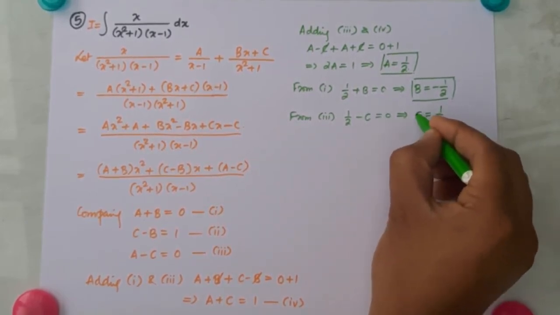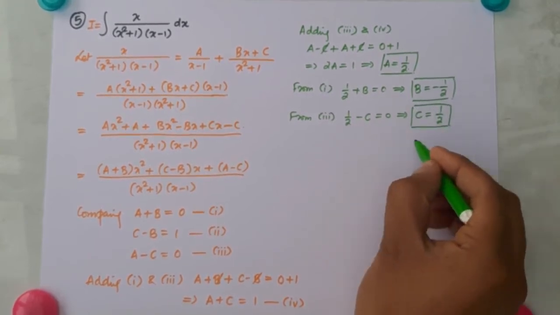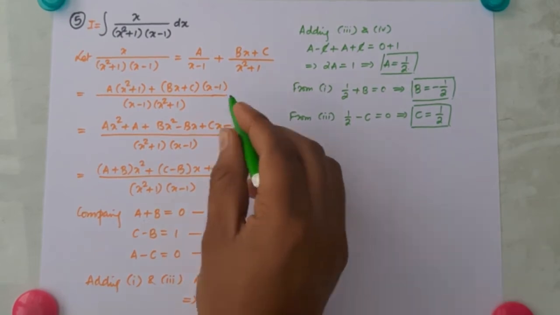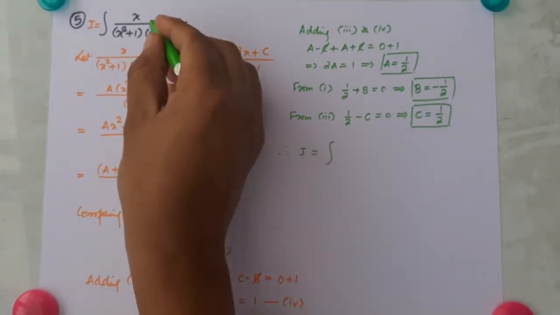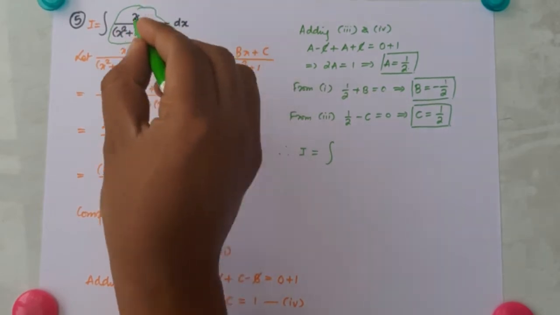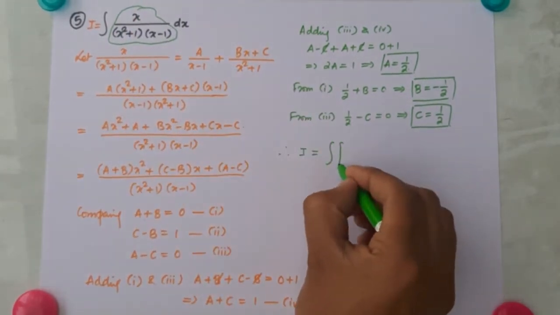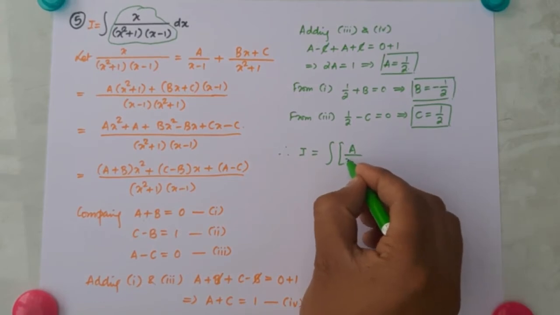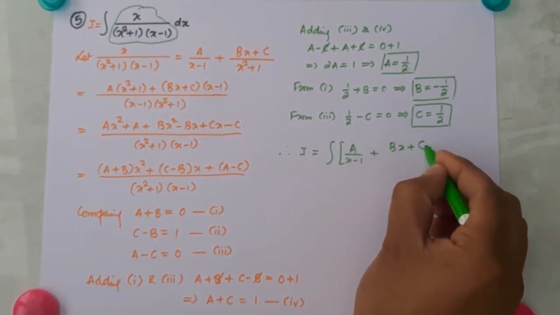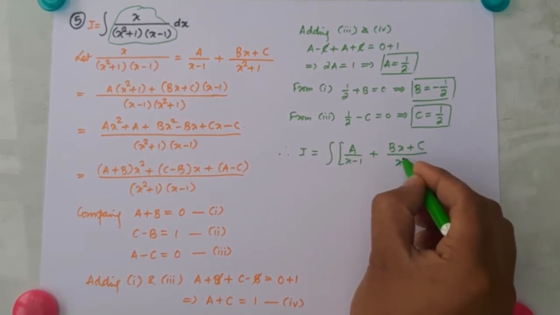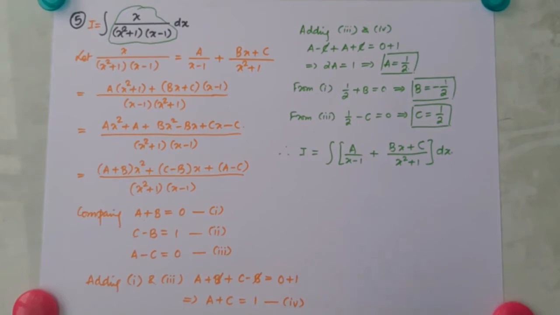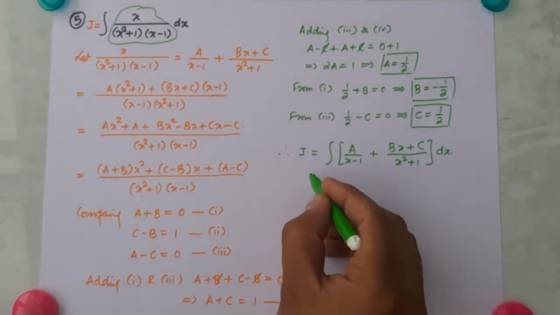Alright, so therefore your integral I, see here carefully, integral I can be written as a by x minus 1 plus bx plus c by x square plus 1 dx, isn't it? So let's do the needful here.